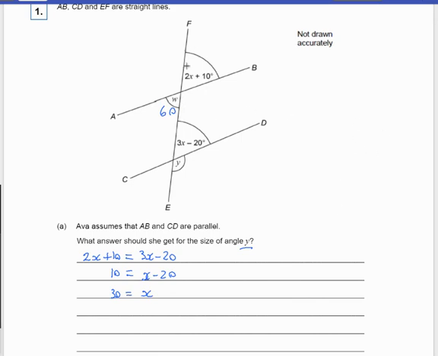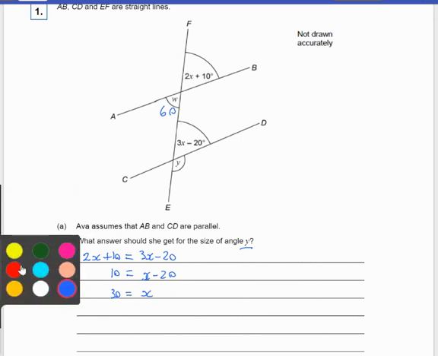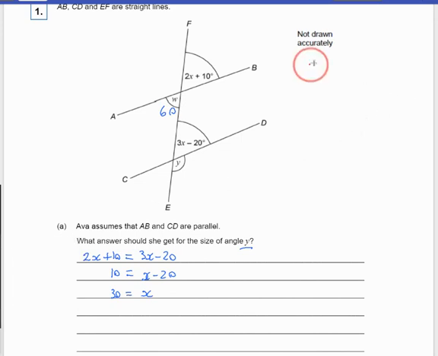So we can say that 2x plus 10 is indeed equal to 60. Let's just write the working up here in a different color. So we've got 2x plus 10 is equal to 60. Taking away 10 from both sides, we get 2x is equal to 50. Dividing both sides by 2, we get x is equal to 25.